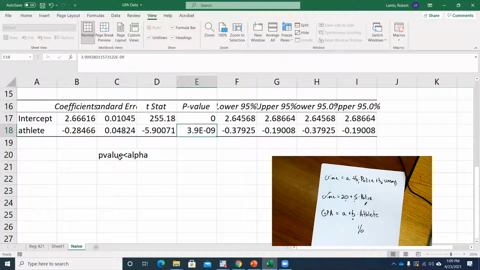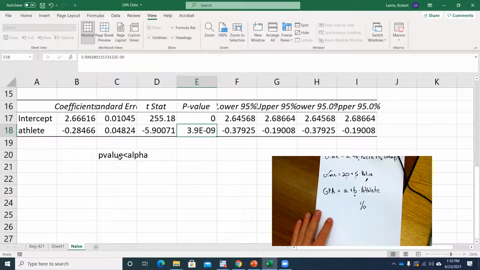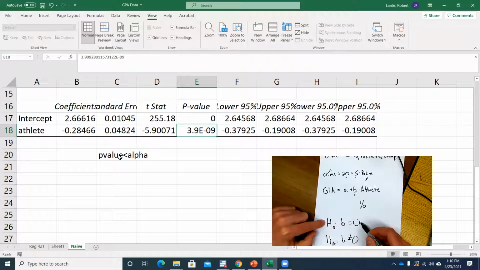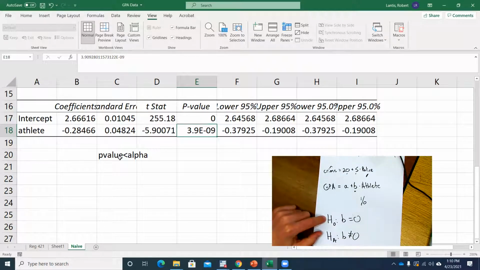So I can reject the null at any level, but we have to remind ourselves, well, what's the null? For every regression, we always assume that those slope coefficients are equal to 0. So if I fail to reject that, then the relationship between athlete and GPA, I can't reject that it's anything other than 0, or that there is no relationship.